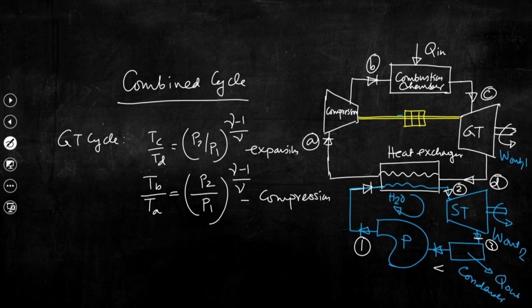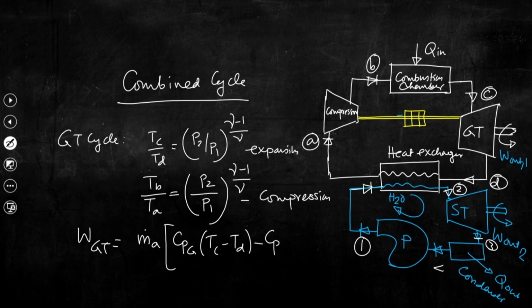Now, what would be the work output? The work output from the gas turbine unit should be equal to m dot, the mass flow rate of the air, into Cp gas for expansion into Tc minus Td, minus Cp air for compression into Tb minus Ta, right.